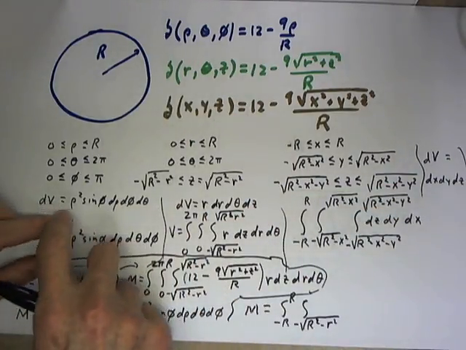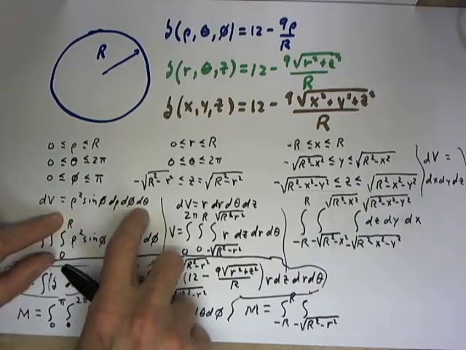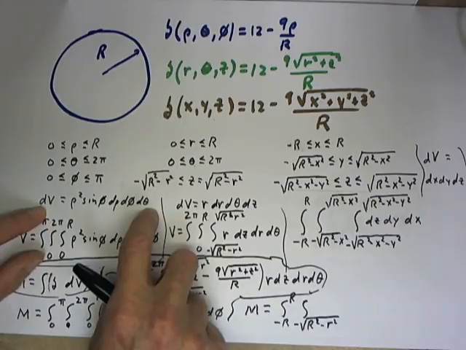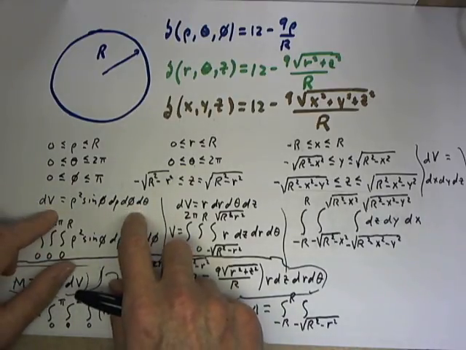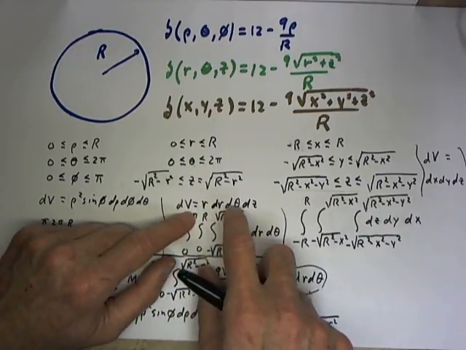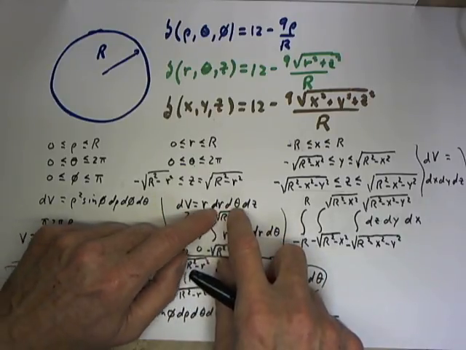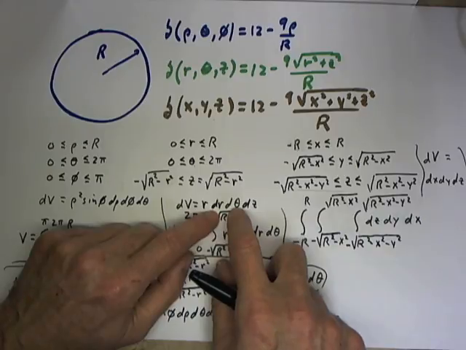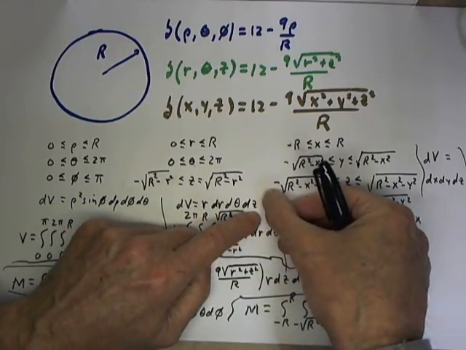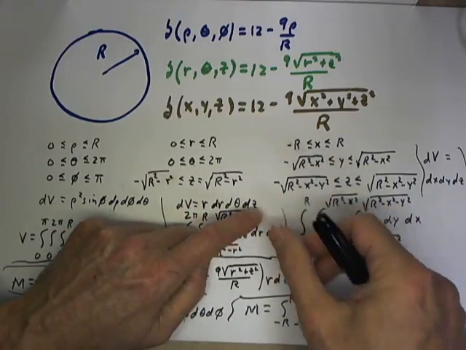Volume increments are rho squared sine phi, d rho, d phi, d theta in spherical coordinates, and we've seen in detail why that's the case. dV equals r dr d theta dz in cylindrical coordinates. Not difficult to understand, especially in terms of the area increment for polar coordinates multiplied by the z increment.